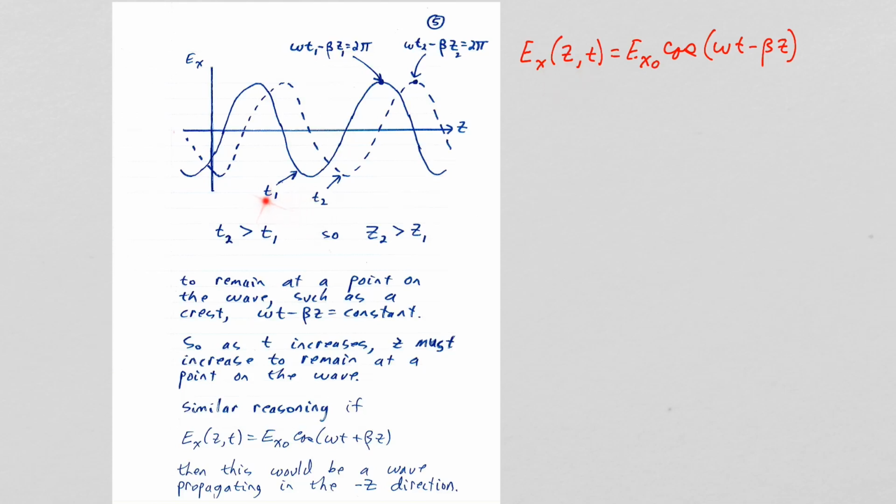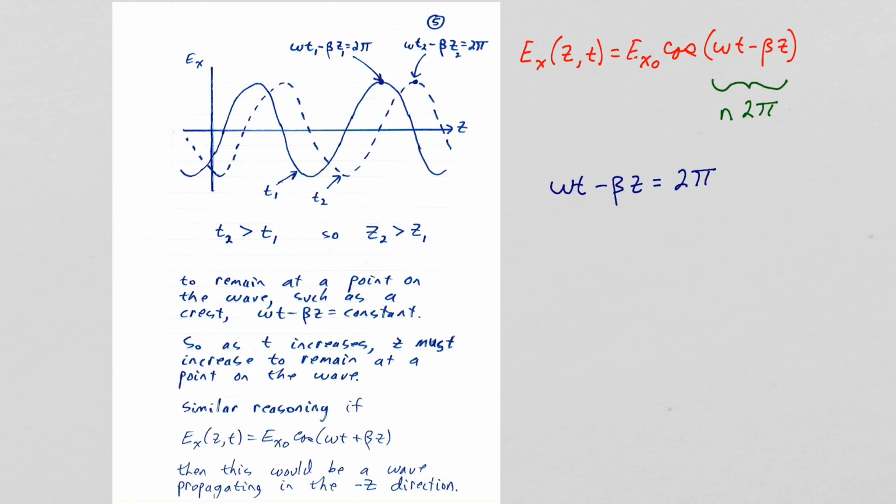We know that when this argument of our cosine function is an integer multiple of 2 pi radians, the cosine is 1, and we're sitting at a peak of our waveform. Let's pick one particular peak. We do that by picking one particular integer.